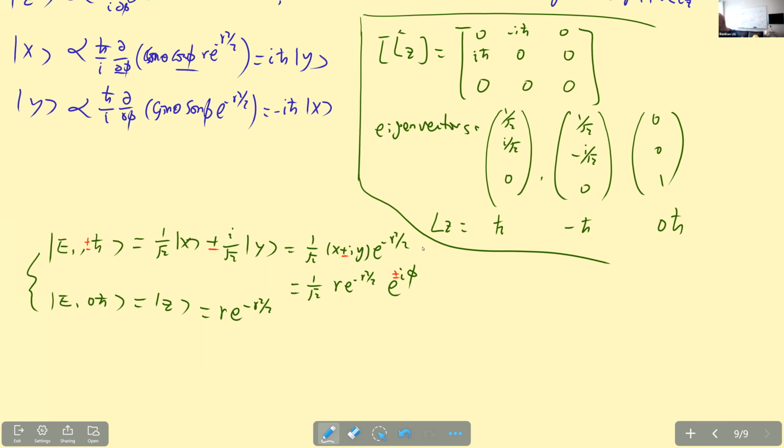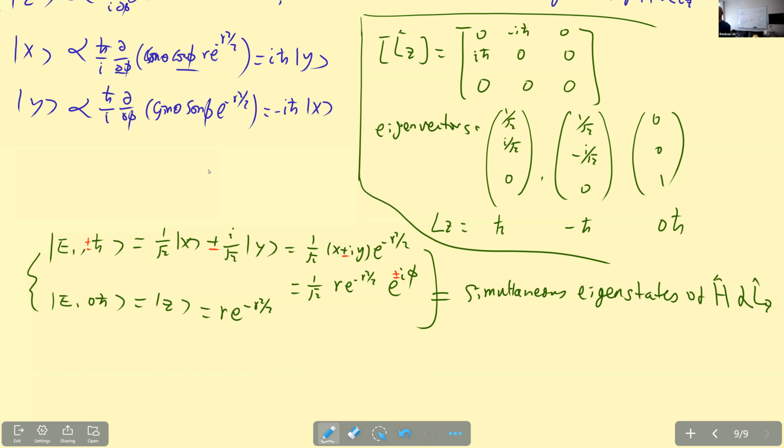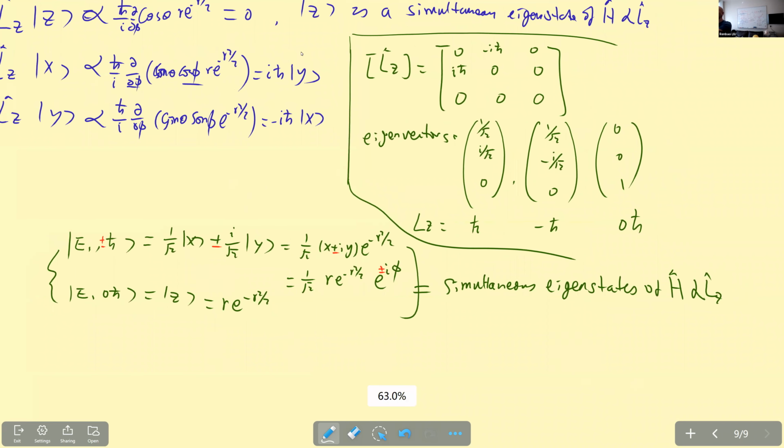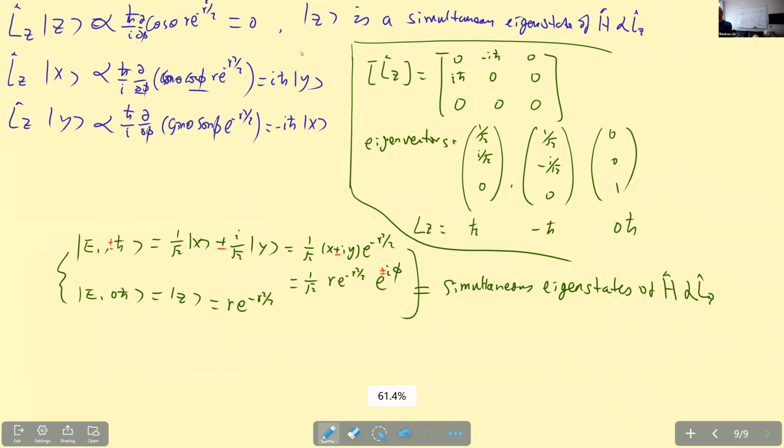So this way you can find the simultaneous eigenstates of H and Lz. Okay. Right. So now you can see that indeed we can use this diagonalization of matrix method to define the states.